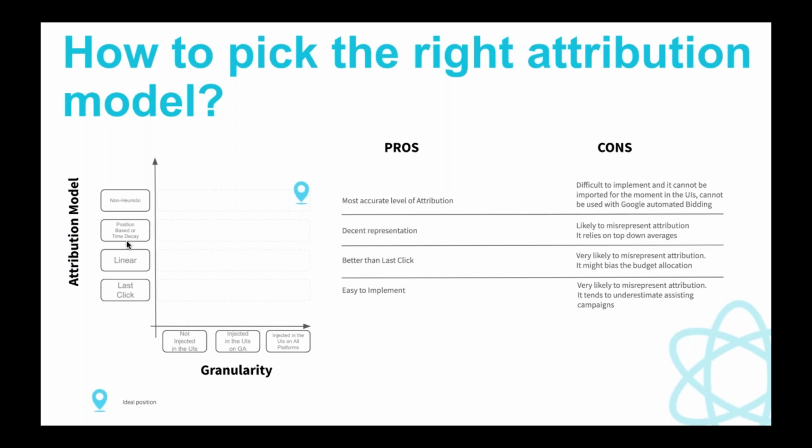Position-based or time decay, I think are decent representations. Still, they will misrepresent the correct attribution because they rely on averages, that 40% that we said earlier that are just top down, so therefore are a simplification of reality. Non-heuristic, aka algorithmic models, are providing a way more accurate level of attribution.